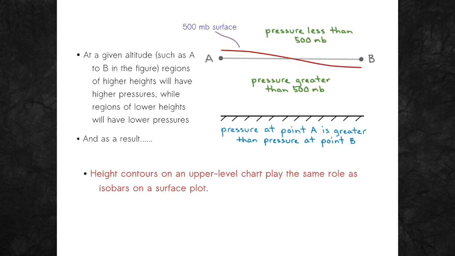So as a result, when we're looking at our upper level charts, the height above sea level is going to end up playing the same role as the pressure on our surface maps.